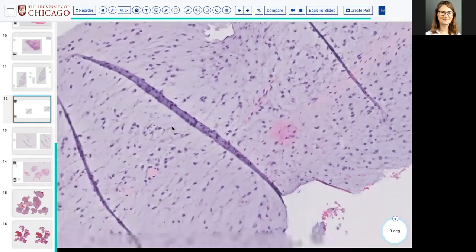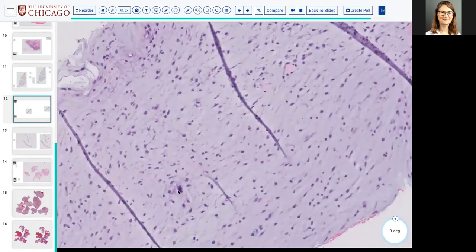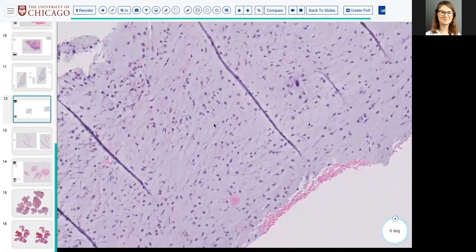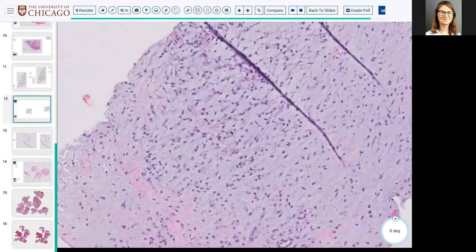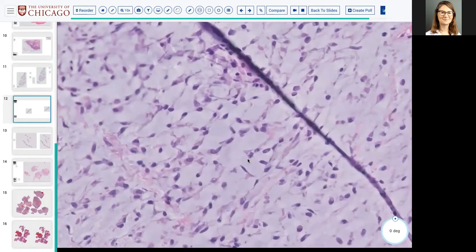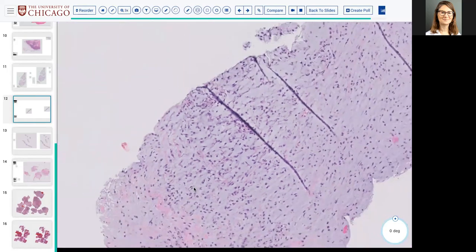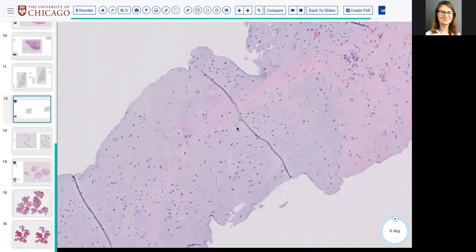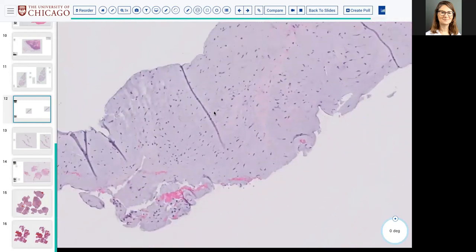I'll tell you, this is located in the deep soft tissue of the extremities of an adult person. It's not associated with bone. Does anybody want to throw out another entity other than the ones we've already talked about?